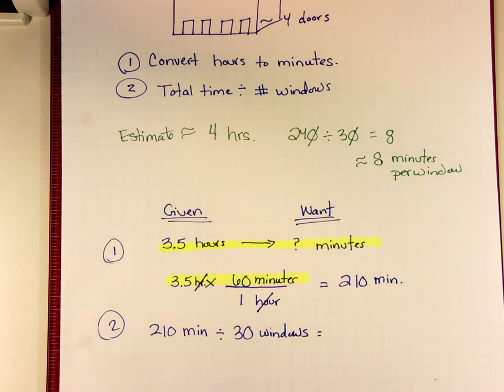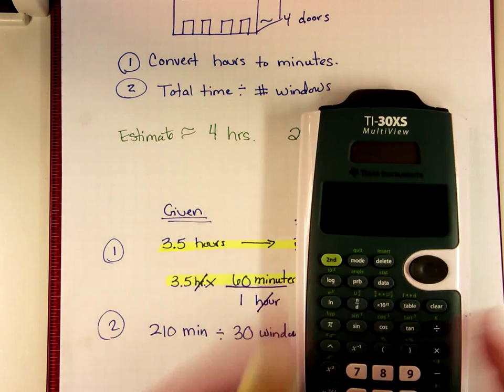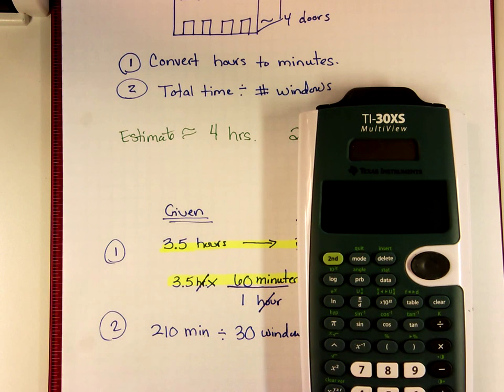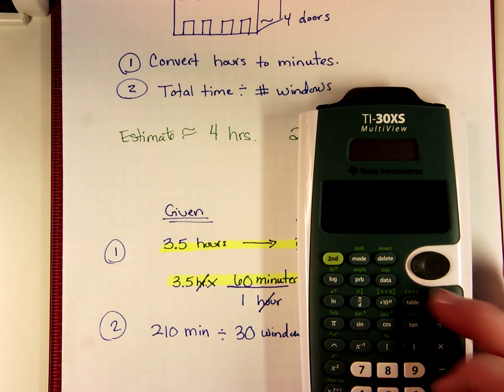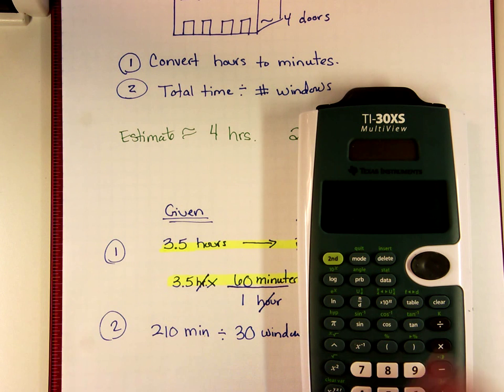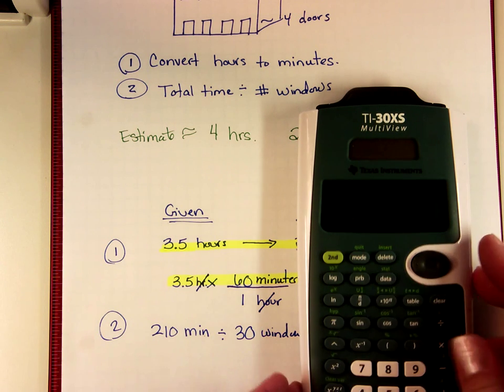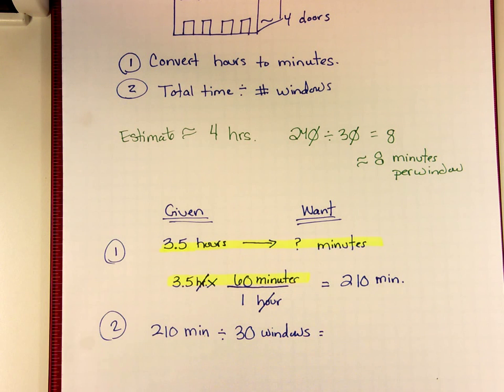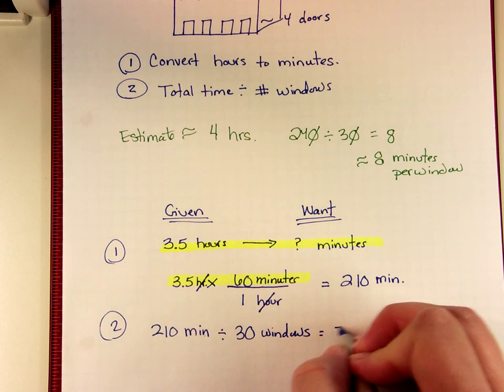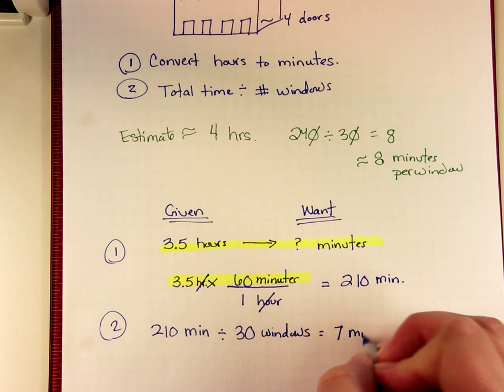Let's use our calculator again. 210 divided by 30 is 7 minutes per window.